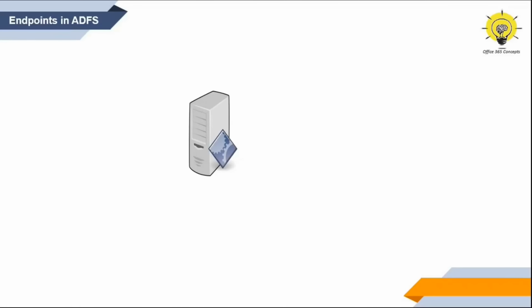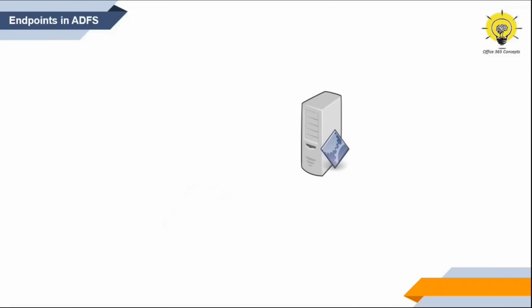An application can be a browser-based application, or it can be a rich client application, for example, the Outlook client. That means a user can access this application using either a web browser or the Outlook client. And if this application is integrated with the ADFS server, then the ADFS server should be capable enough to receive all types of application requests.